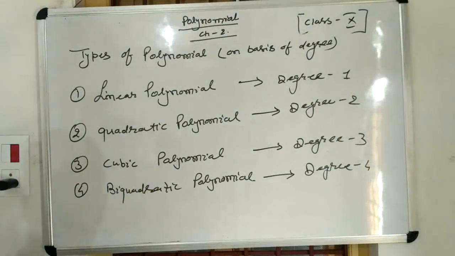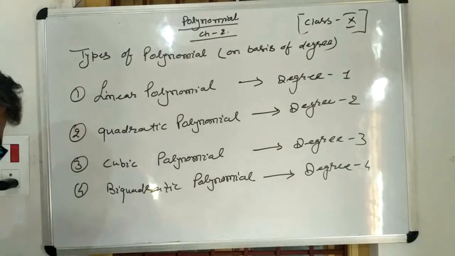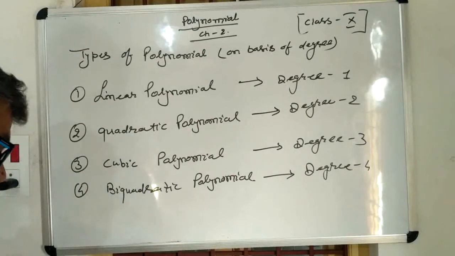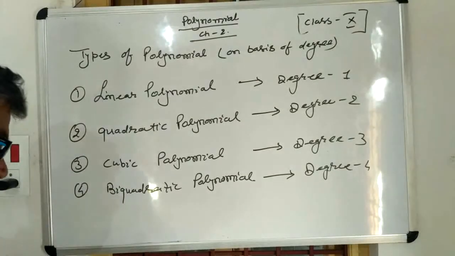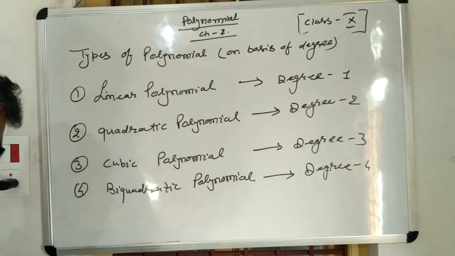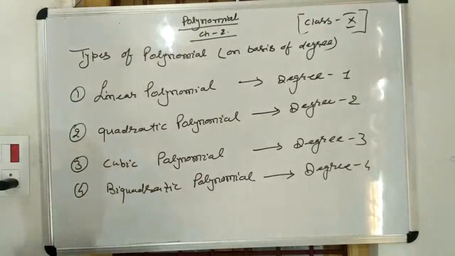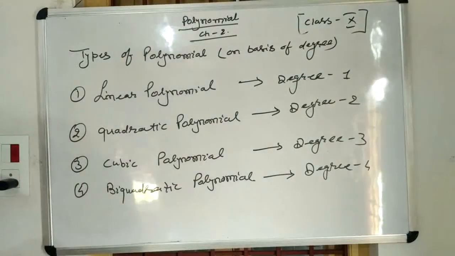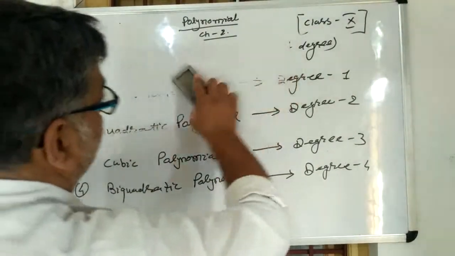Before starting the chapter, you need to know the graphical representation of the polynomial, or the geometrical meaning of the polynomial. So our next topic is the graphical representation of polynomial.